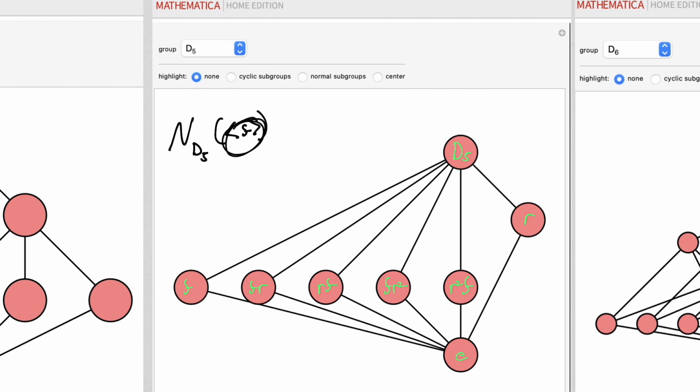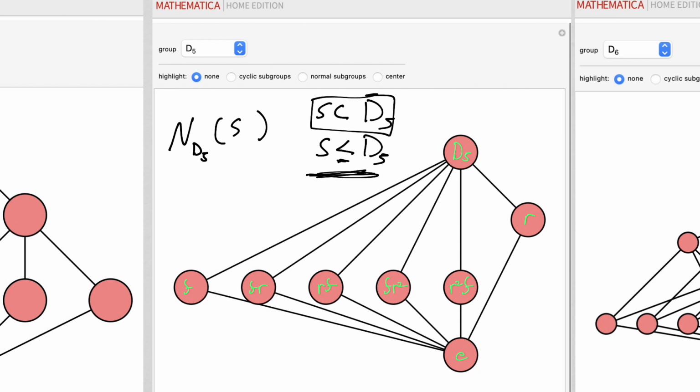You could say the normalizer of any subset S, where S is a subset of D5, not S is a subgroup of D5, right? So this would be the notation for S as a subgroup, and this is just some arbitrary subset. So you can always have a normalizer of a subset and a normalizer of a subgroup, right?